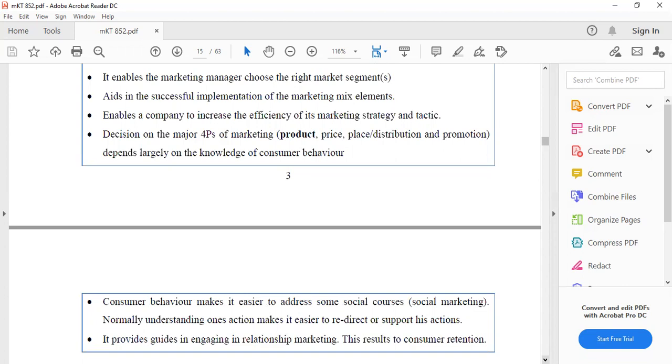Consumer behavior makes it easier to address some social causes, that is social marketing. Of course, if we discover that somebody is an avid smoker, a number of advertising methods have been used to discourage them, because they say smokers are bound to die young.